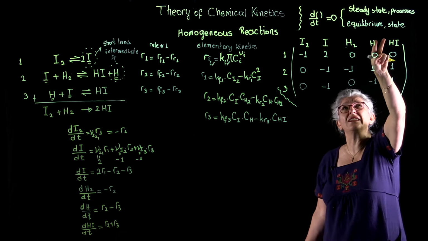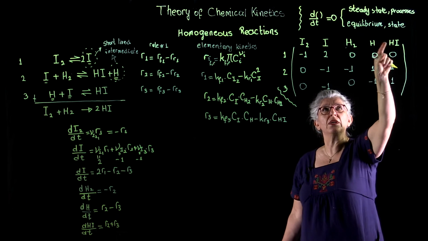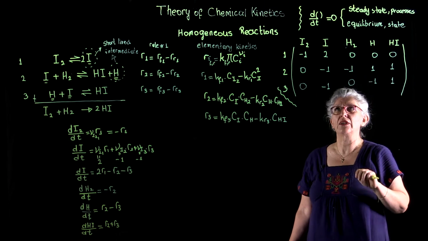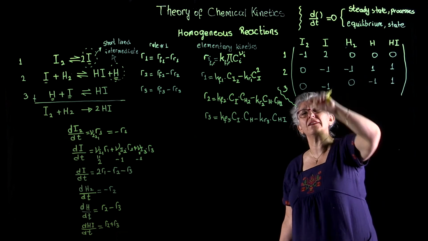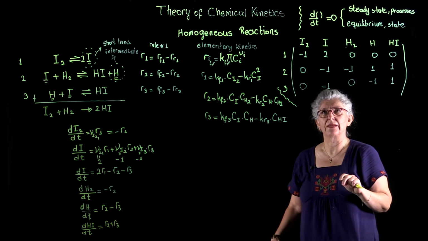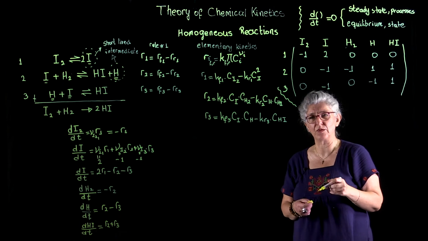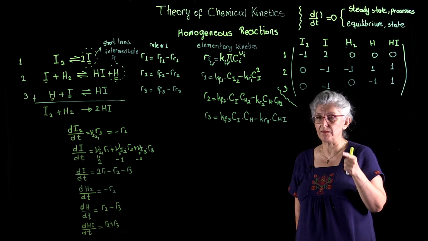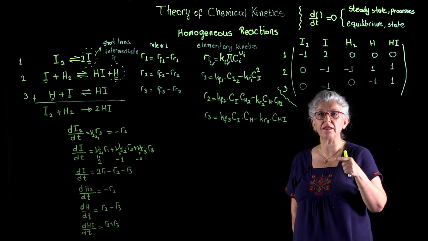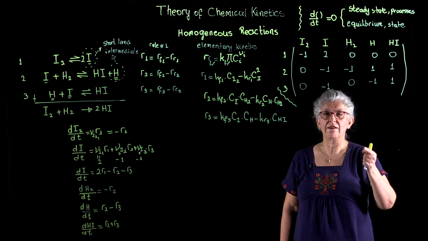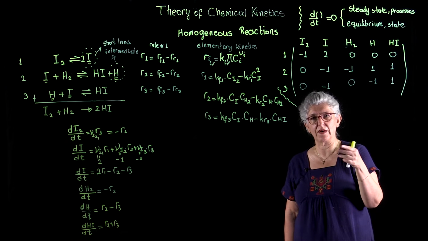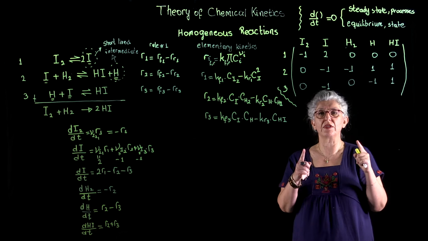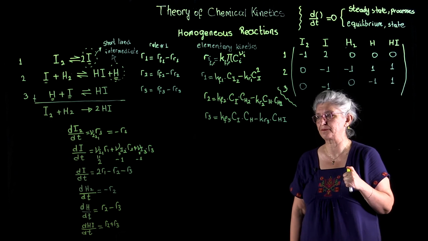So steady state is a process attribute. Equilibrium is a state attribute. So when we have time invariance, in other words, parameters are not changing with respect to time, it might mean that we are at steady state. It might mean that we are at equilibrium. Whether it is at steady state or at equilibrium depends on whether we are looking at a process or we are looking at a state.